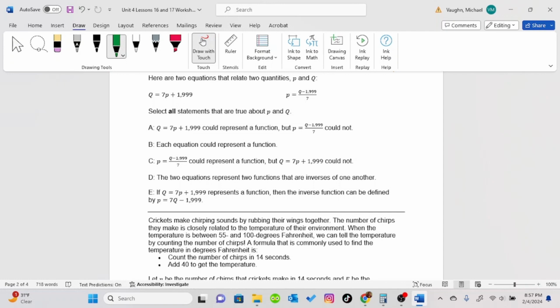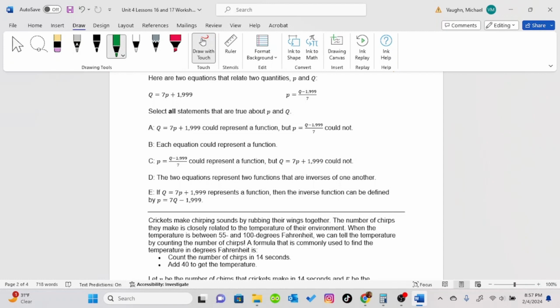If we look at Q, there's no rules that limit the inputs when we are adding or multiplying. So that could be a function.